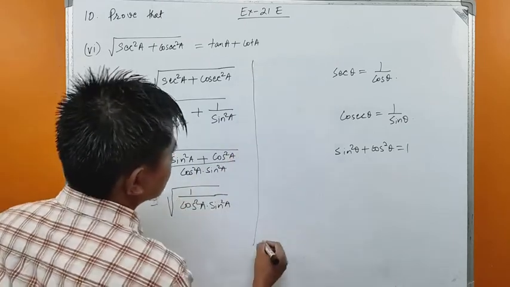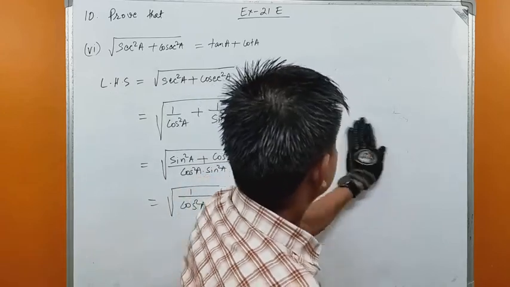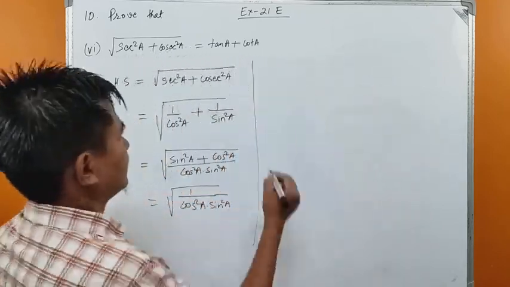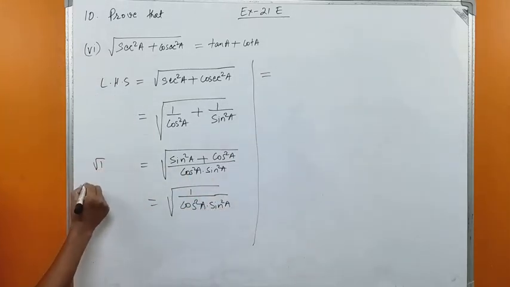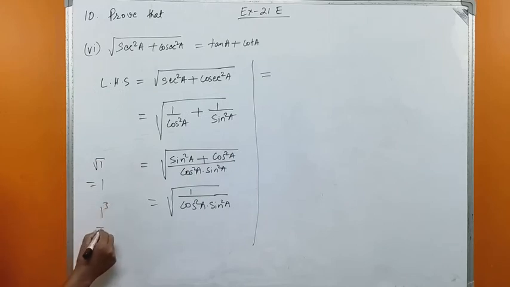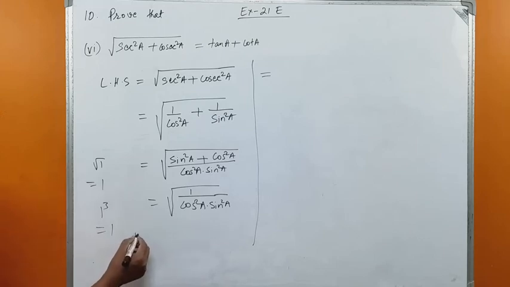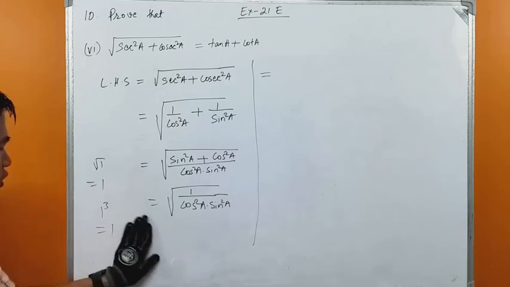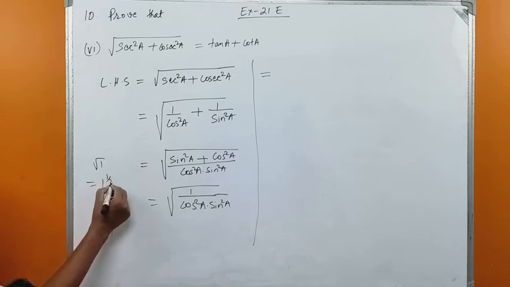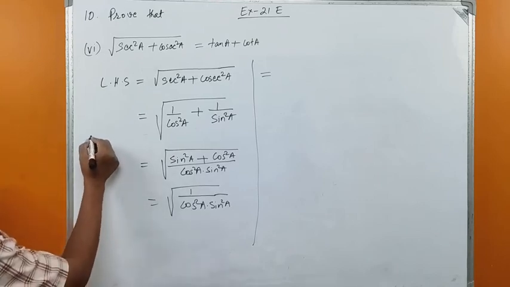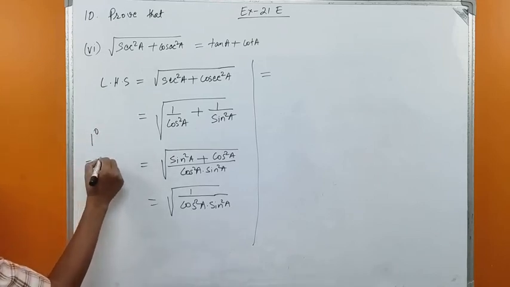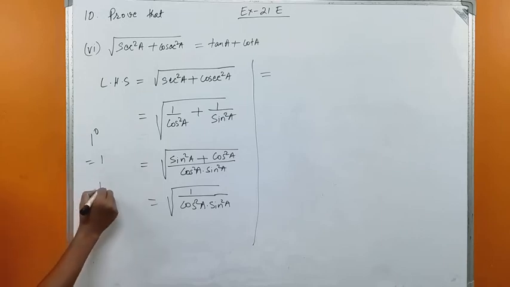Okay, so let me continue here. This means root under 1. Root under 1 means 1, isn't it? 1 to the power anything is always 1. 1 to the power 100 equals 1. Root under 1 means 1 to the power half, and 1 to the power half means 1. 1 to the power 0 is also 1. 1 to the power x is 1.